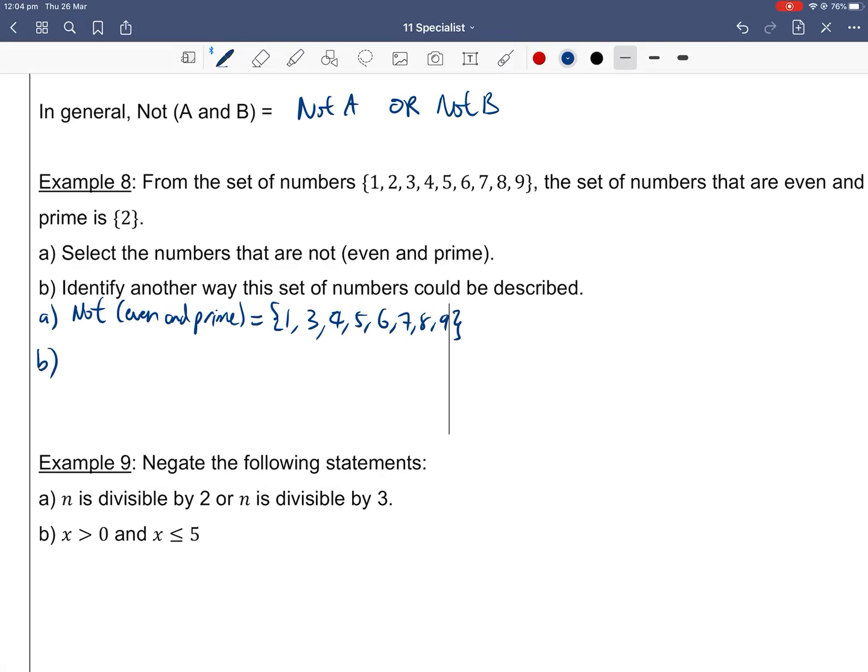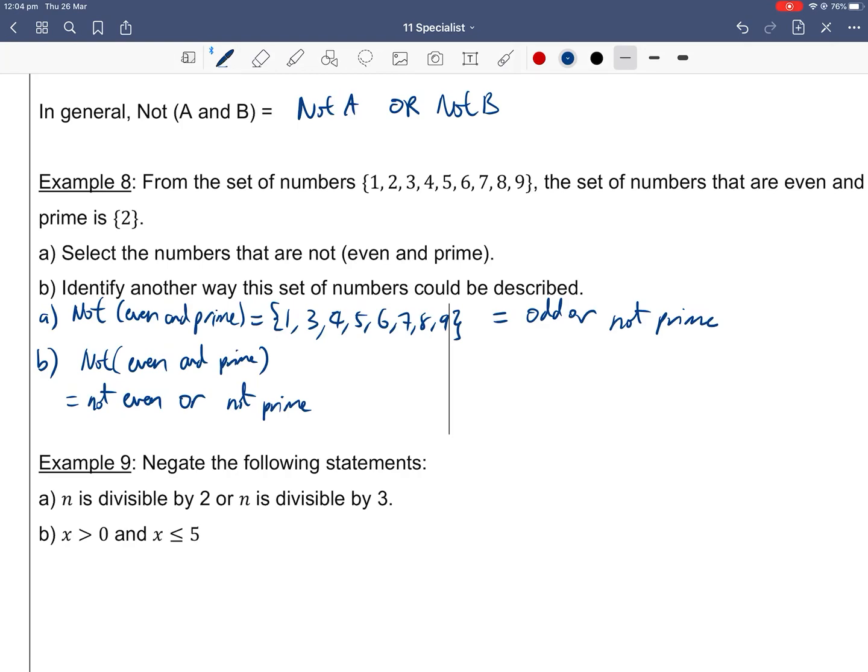B, what is another way of saying this? In words, not even and prime means not even or not prime, because the opposite of and is or. And not even means odd, so it's odd or not prime.